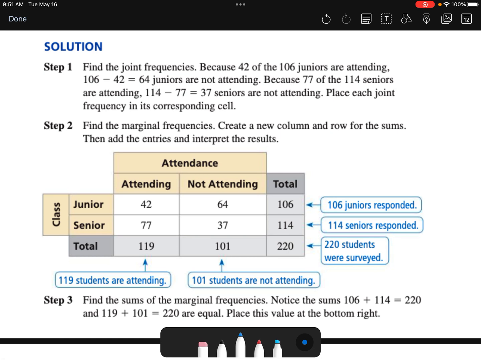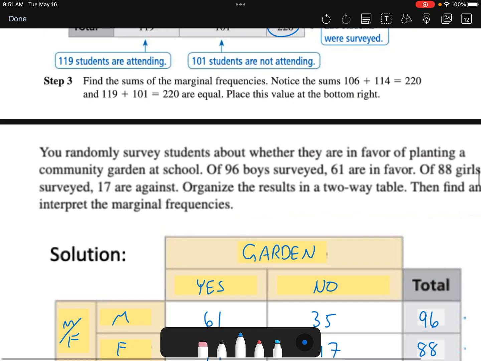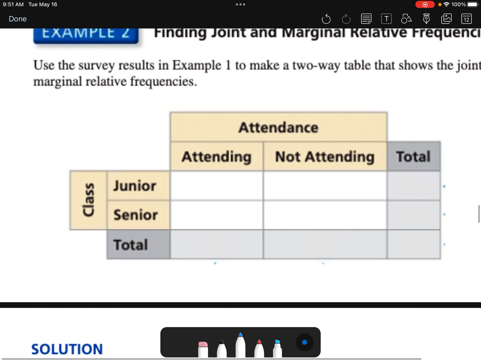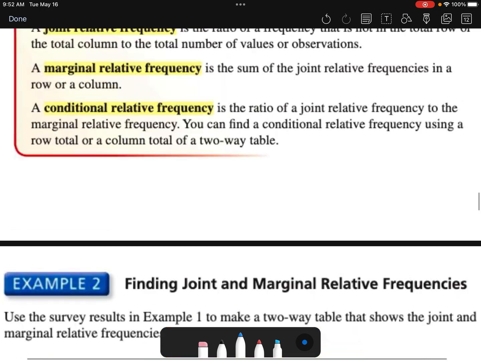And we had 106 of 220 total students, and 42 were attending. 64 were not attending. We can find the percentages that are attending and not attending by simply dividing them by the total. So 42 over 220, 64 over 220, and then I believe there were 72, and what was that other one?